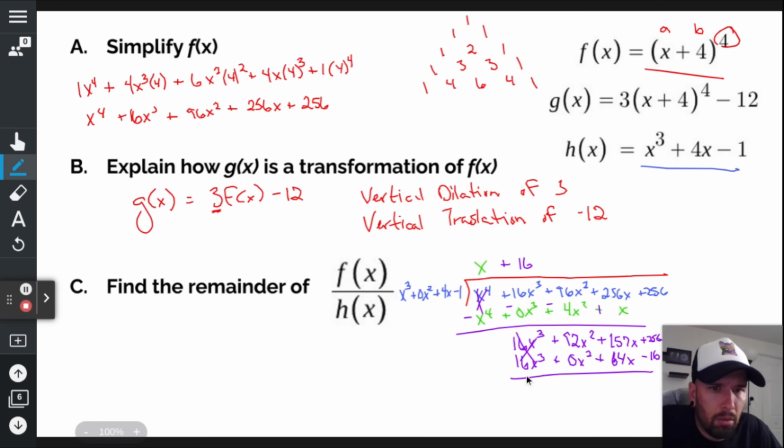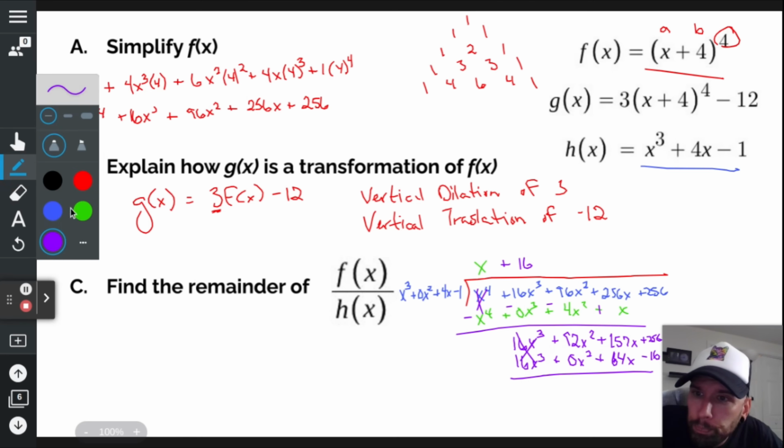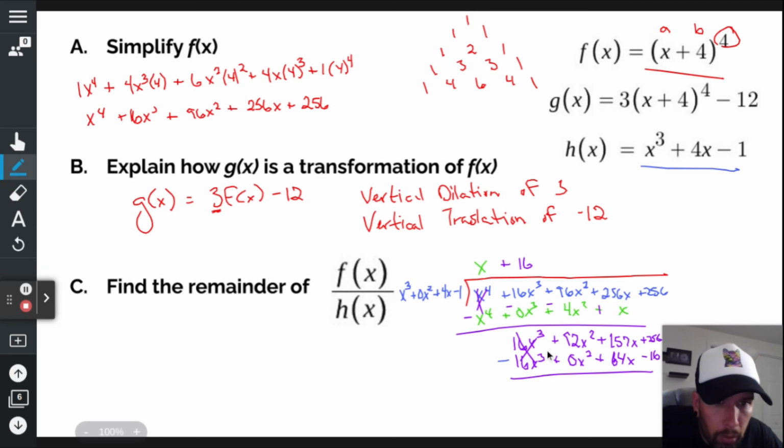Cross you out. So 92x squared. Oh, flip the signs. Don't want to make that mistake. 92 plus or minus nothing is just 92x squared. I think it's 97.